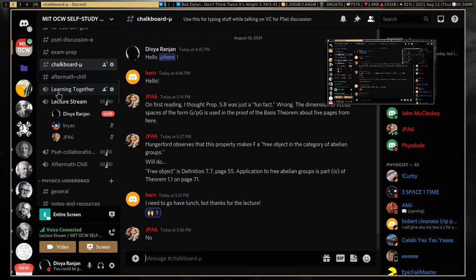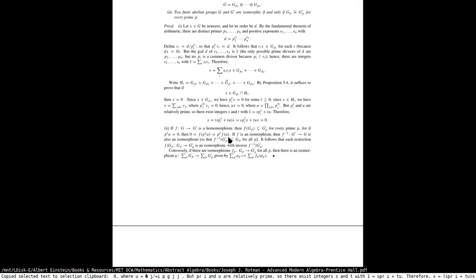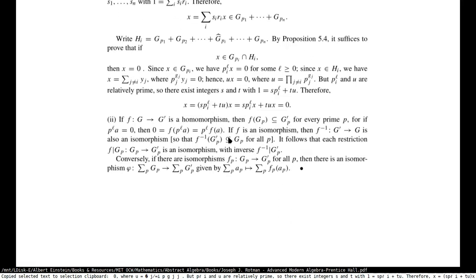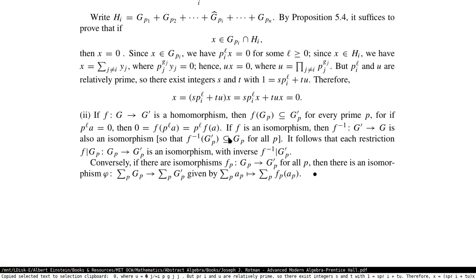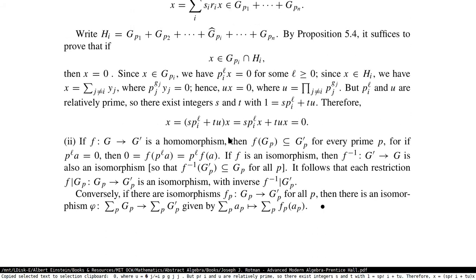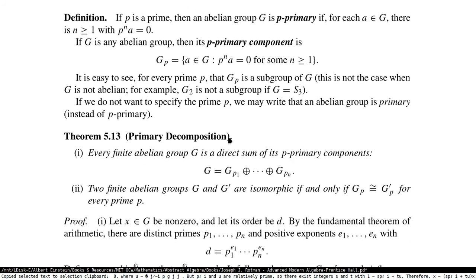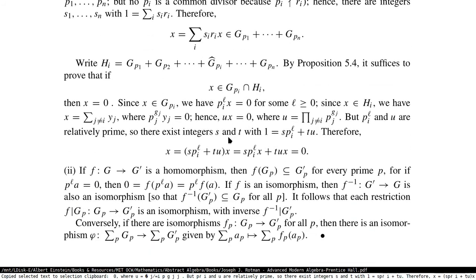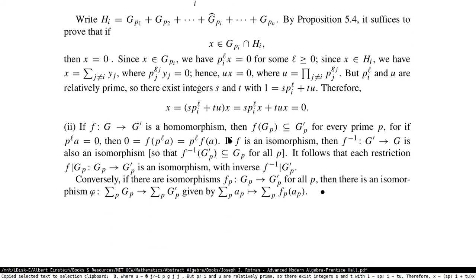Yeah. Okay, so we're not yet even close to the basis theorem, but let's see. The second part of the proof is pretty much just like trying to have a homomorphism and then trying to have some kind of equality between these primes, right?